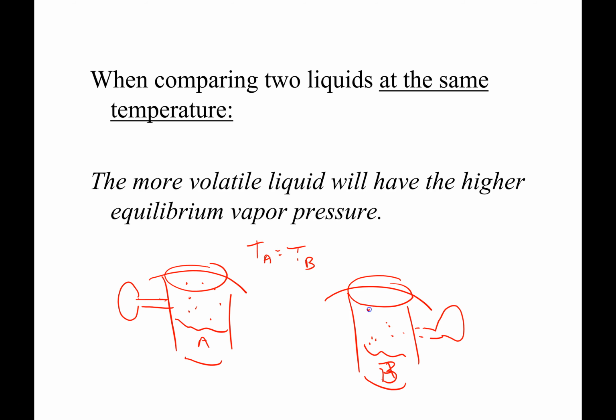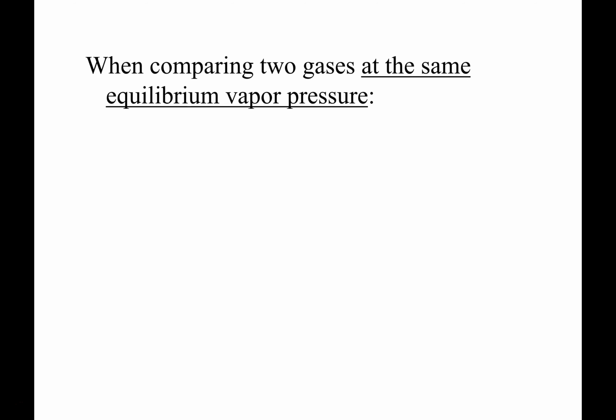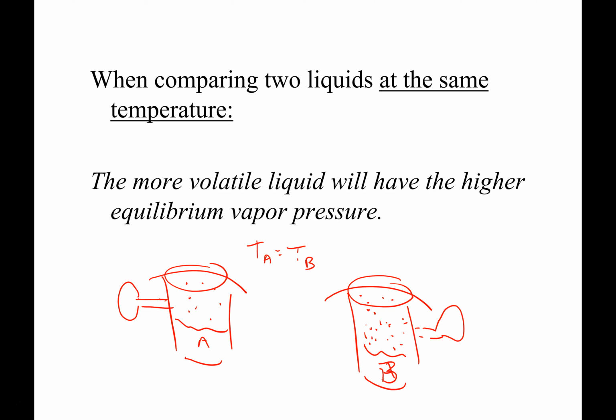I'm going to go for B. What do my more dots mean? More pressure. Yay, you got it. So this would be my pressure gauge here, and this could be my pressure gauge here. All this is saying is, relatively speaking, if we're talking about volatility, B is more volatile than A.